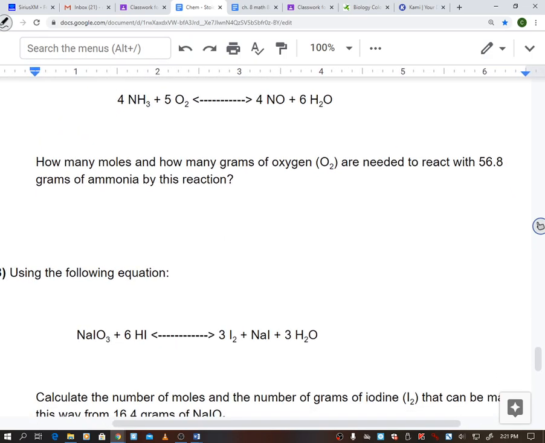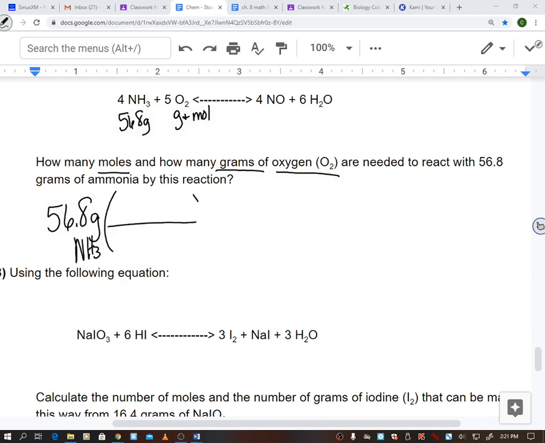Number 7 is the exact same way. They want moles and grams of oxygen. They give you ammonia though, so you have 56.8 grams of this, and we want grams and moles of my oxygen. Put grams of ammonia down here. NH3 weighs 17.